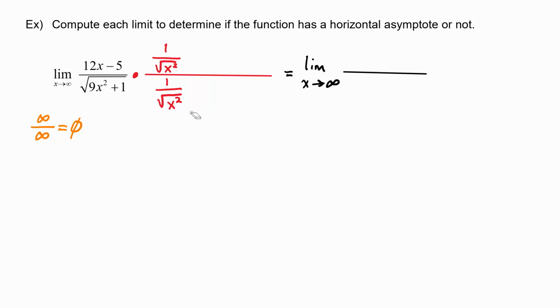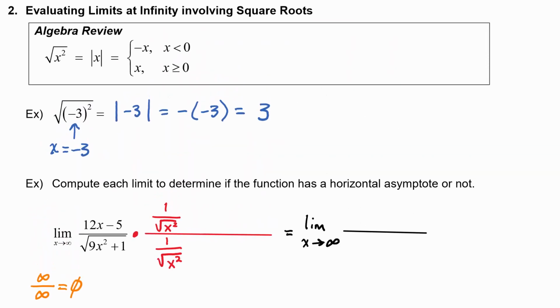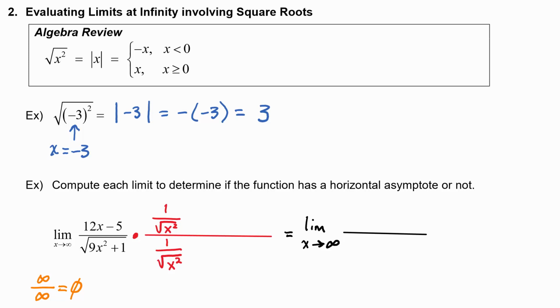Now, in the denominator, we have this expression, which is under a radical, and we have this expression in the denominator of the denominator, which is also under a radical. So let's add a little something to your algebra review here and say that when we have the square root of a times 1 over the square root of b, then that's just a single square root of a over b.